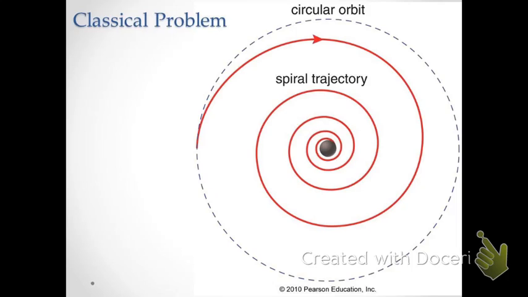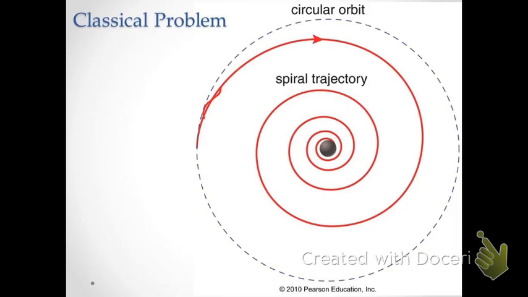Now, again, this idea of discrete orbits was inconsistent with classical theory. Classical theory says that if you have an accelerating charged particle, it's going to emit electromagnetic radiation. An electron traveling in a circular orbit, as indicated here, is accelerating. When you change the direction of the motion, you're changing the velocity, and therefore you're going through an acceleration. So an electron traveling in a circular orbit should be emitting electromagnetic radiation, which also means it should be losing energy.